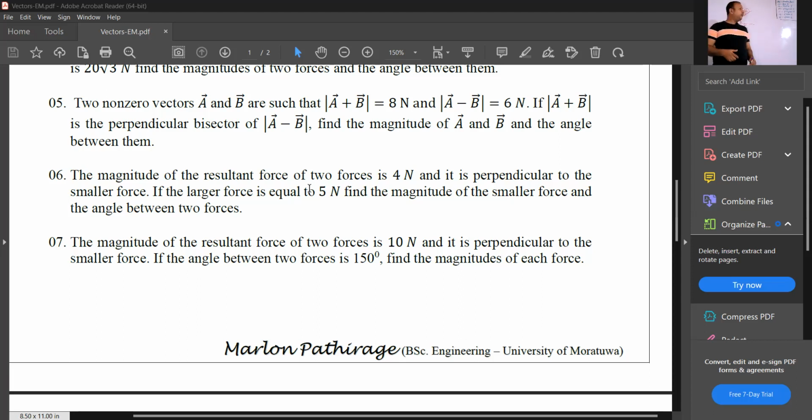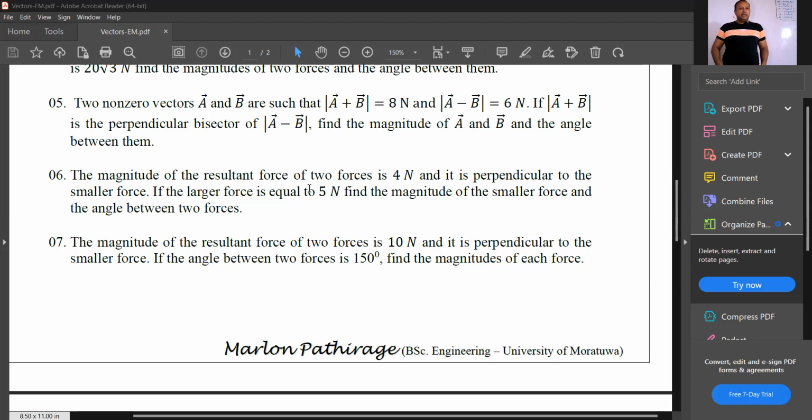what kind of parallelogram is this? Yes, it is a rhombus. No, it is a rhombus. Yes, very good.